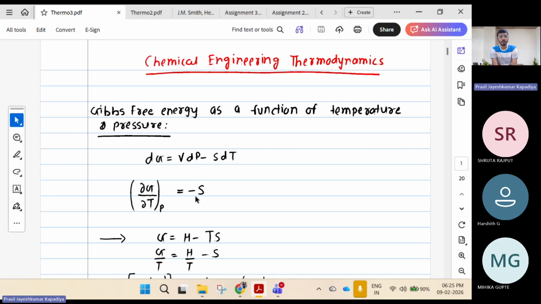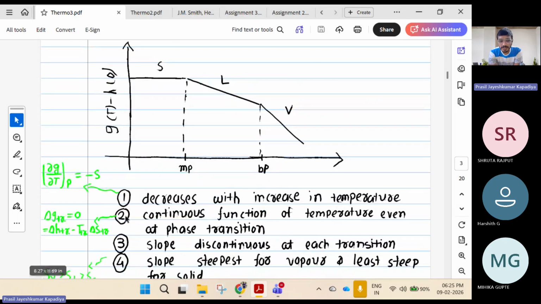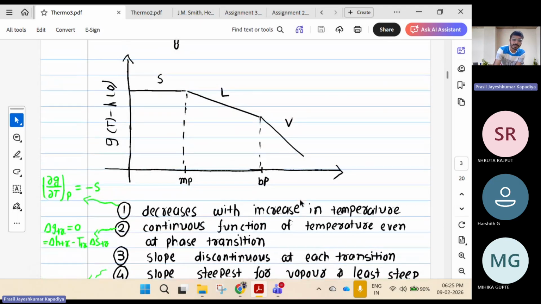If I increase the temperature, is G of T minus G of 0 going to be an increasing function or a decreasing function with temperature? From this equation, can anyone tell me? The slope is negative. If I plot delta G versus T, the slope is negative. Slope is negative meaning it is reducing with temperature. So this function decreases with increase in temperature.